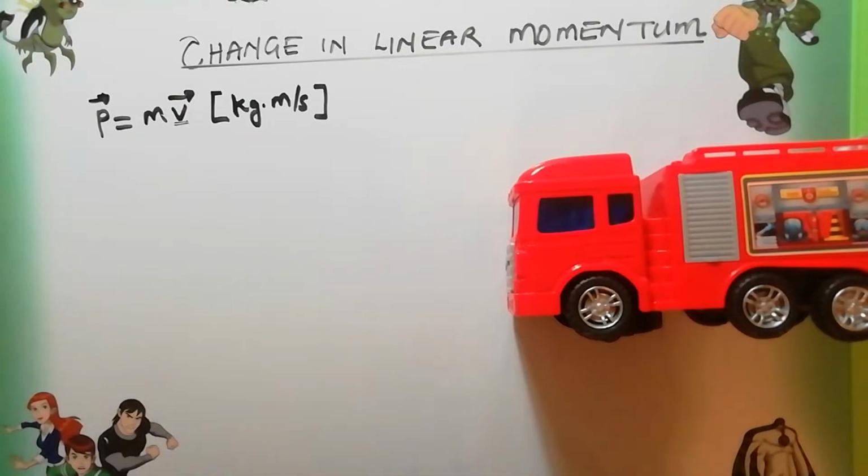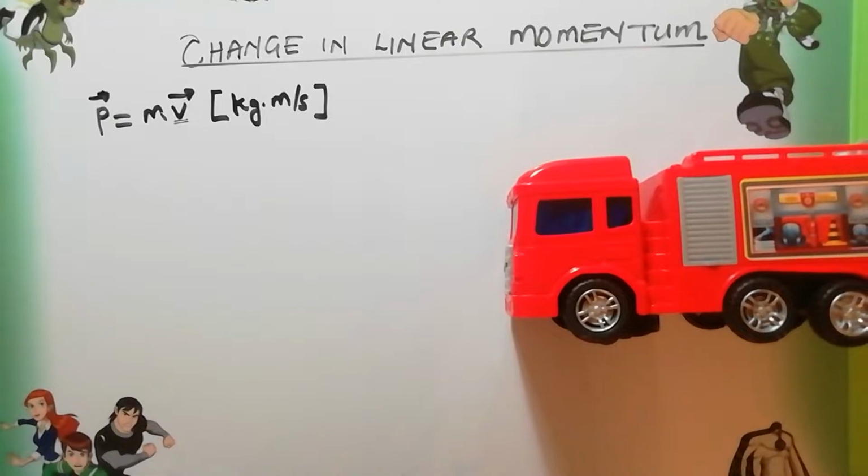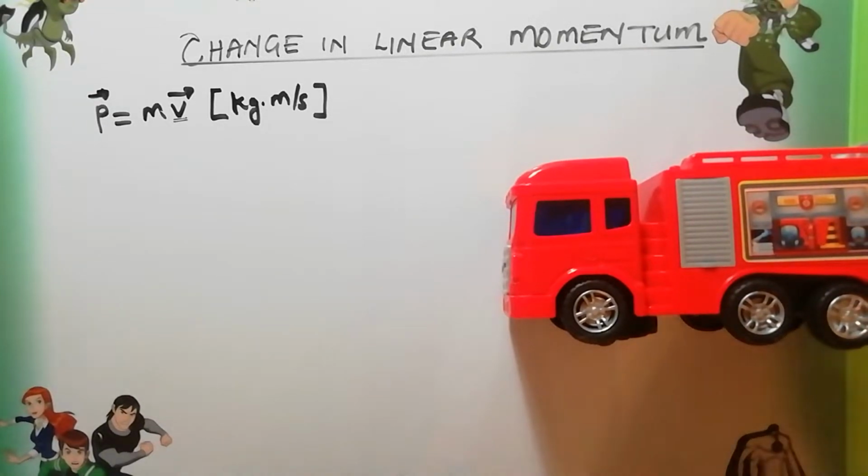Let's go back to our truck scenario. So this truck is not moving because it does not have velocity, and its momentum, of course, will be zero, since there is a direct relationship between the momentum of an object and its velocity as well as mass.